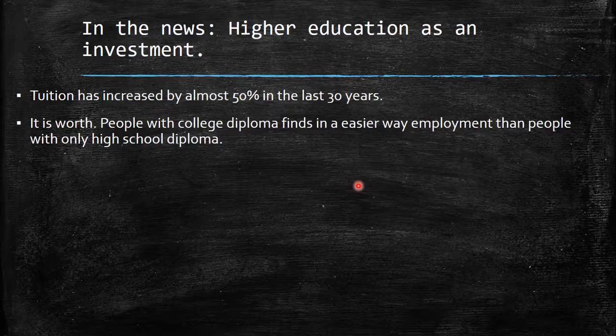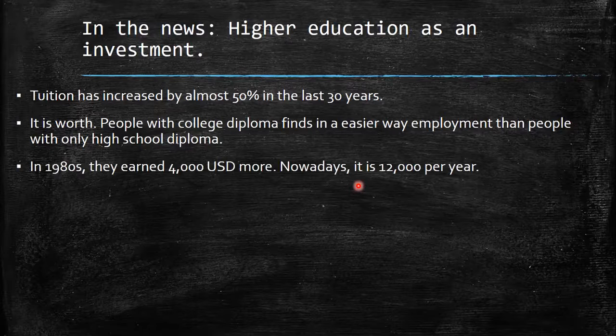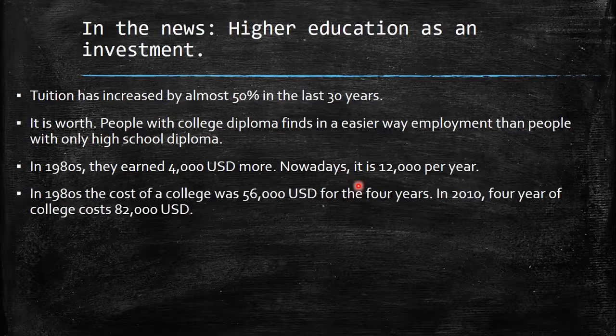But also it is worth it, because people with a college diploma find employment more easily than people with only a high school diploma. For example, in the 1980s they earned $4,000 more. Nowadays the gap is higher. They will receive $12,000 per year more compared to if you don't study.